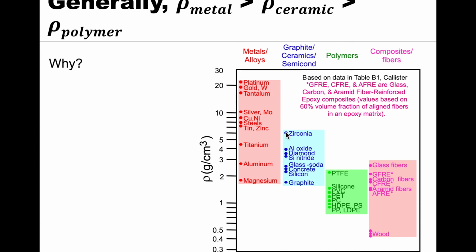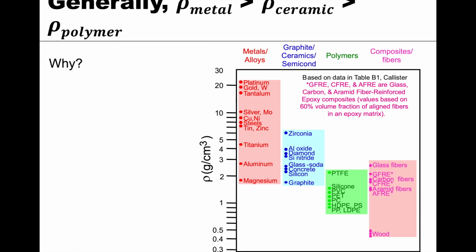Ceramics fall on the lower end of metals, and then polymers here are much lower than those two. And you can see here they're somewhere in the neighborhood of 1 gram per centimeter cubed, which is the density of water.